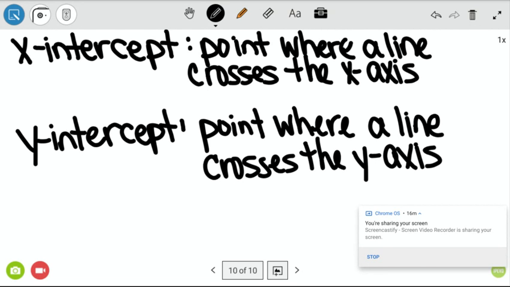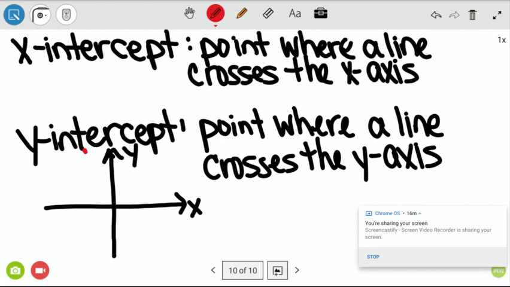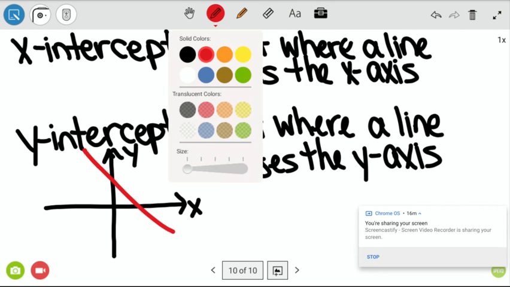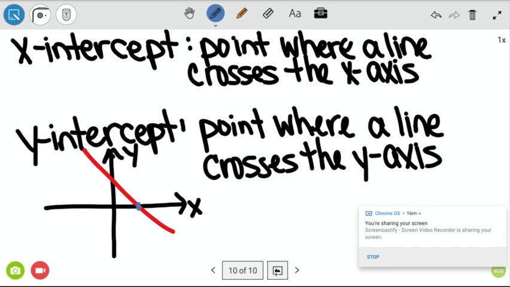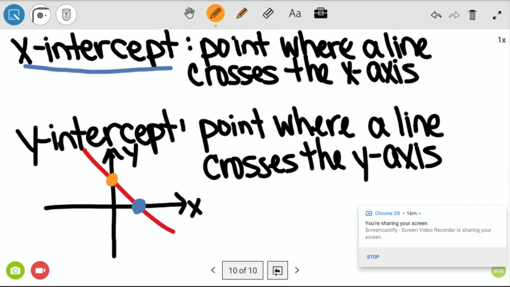So if I were to draw a line, and I have my x-axis here and my y-axis here, if I were to just draw a random line through here, this point right here, where it crosses the x-axis, that would be the x-intercept. And the point right here where it touches the y-axis is what we would call the y-intercept.